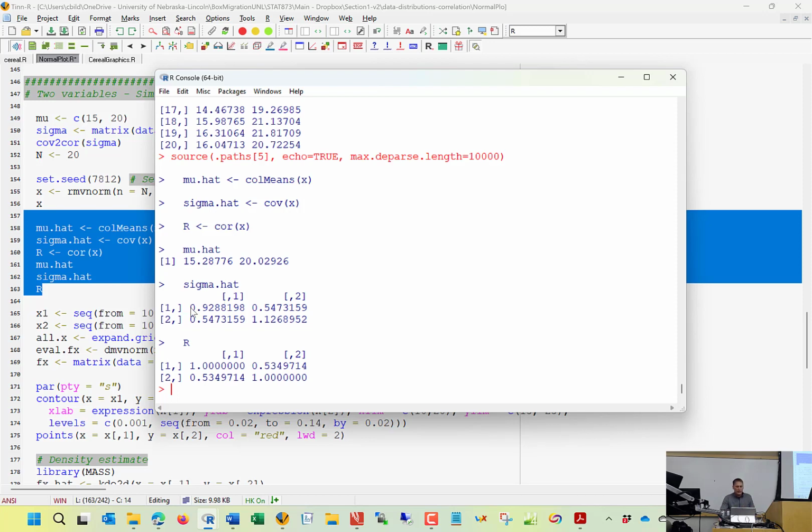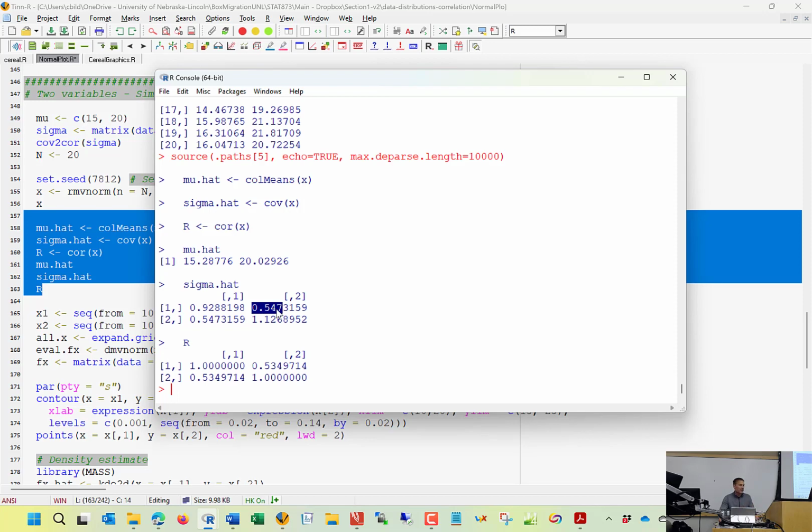The covariance matrix, remember the variance of x1 was 1. Here's the estimated variance, 0.93. The variance of x2 was 1.13. We had originally set sigma 2, the variance of x2, to be 1.25. The estimated covariance is 0.55.